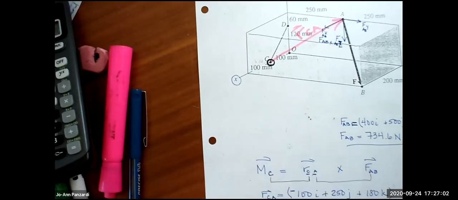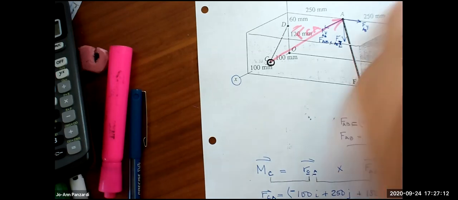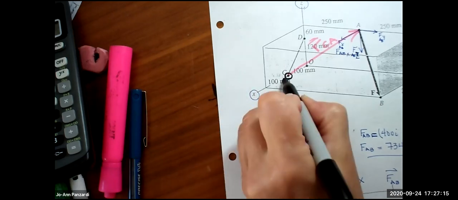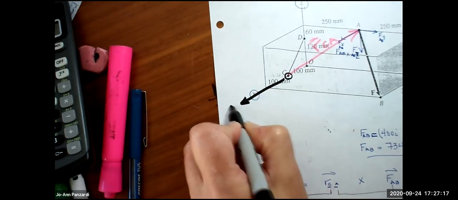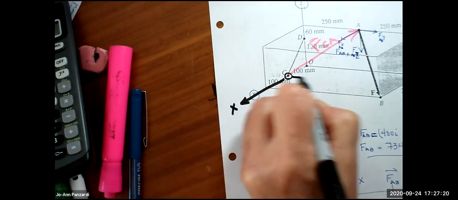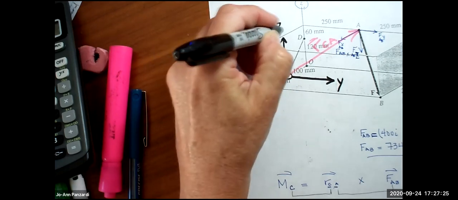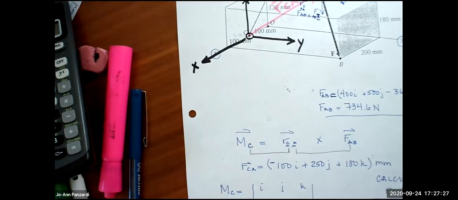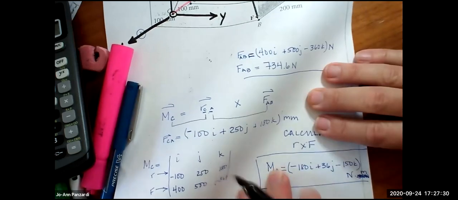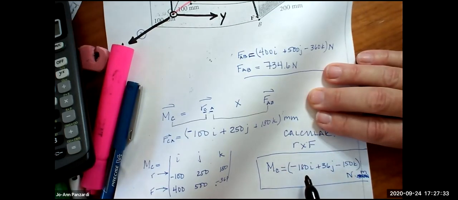And I am calculating a moment about the X, Y, and Z axis through C. Does everybody agree? This is the X-axis through C. This is the Y-axis through C. This is the Z-axis through C. I calculated the moment about point C around the X, Y, and Z axis through C. Is everybody comfortable with that?